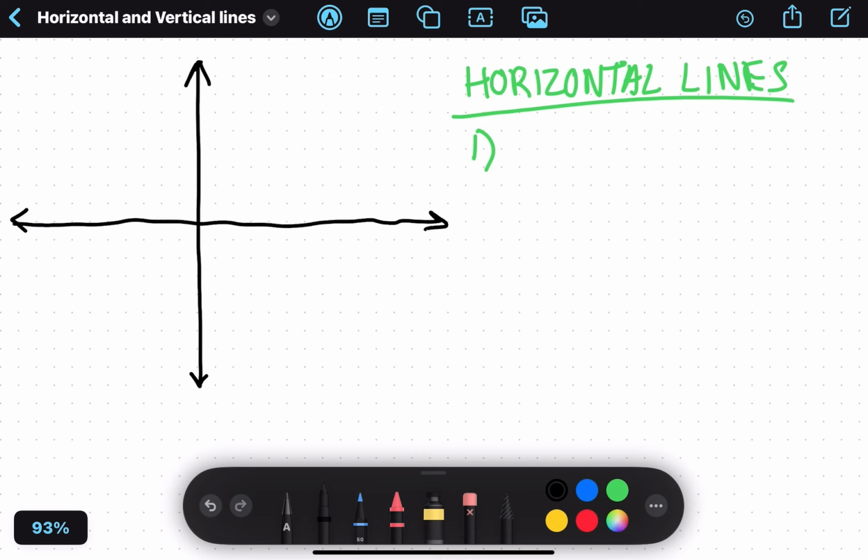Okay, good enough. I guess it's a little straighter. I know it's a little wobbly, but overall straighter. More horizontal. So over here in horizontal lines, the y value is always constant.